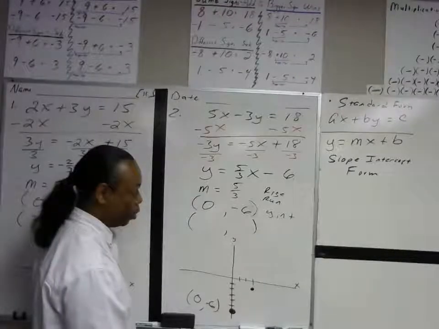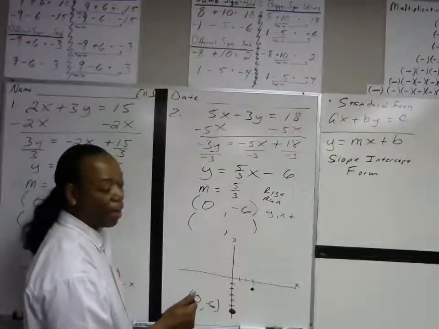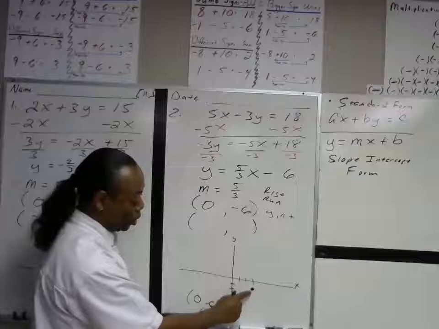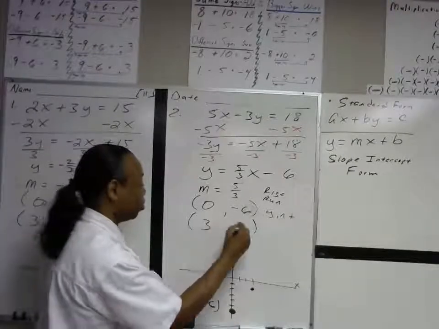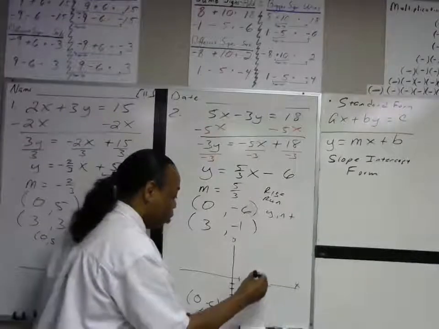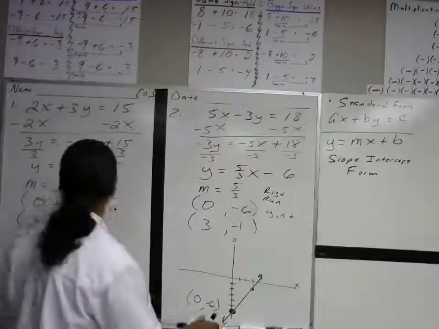Up 5 and over 3. Next will be Beckett. What is the coordinate of this point? 3, -1. Yes, very good. And class, this finishes the problem. There's your graph right there. Good job.